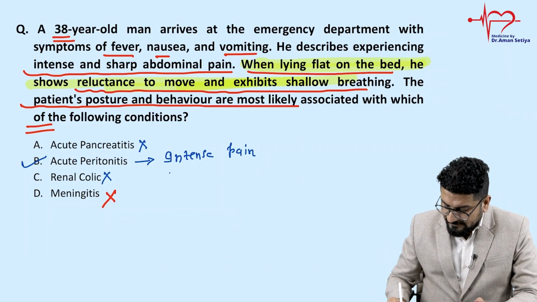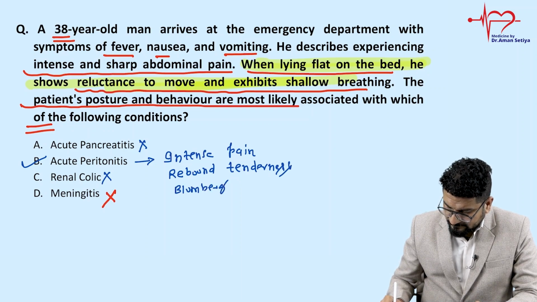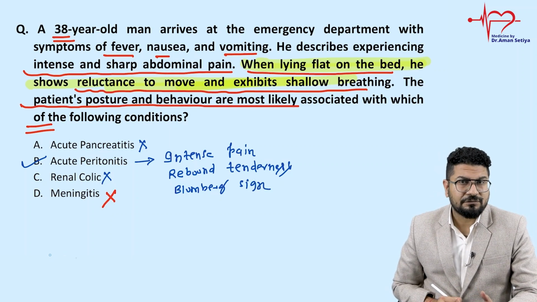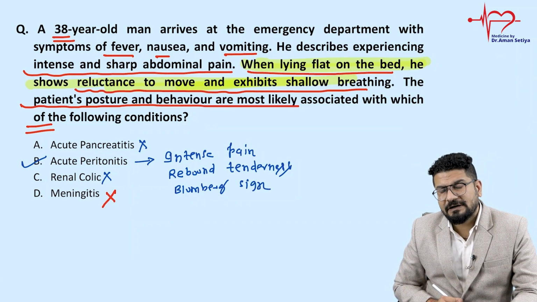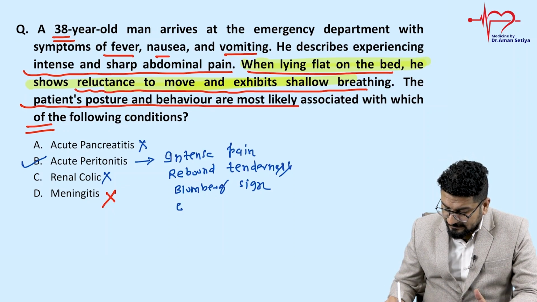And sometimes we see rebound tenderness. We call this Blumberg's sign. And what else is important, when you do the x-ray, so generally how we make a diagnosis, if you do an x-ray abdomen in erect posture, you will see gas under diaphragm.